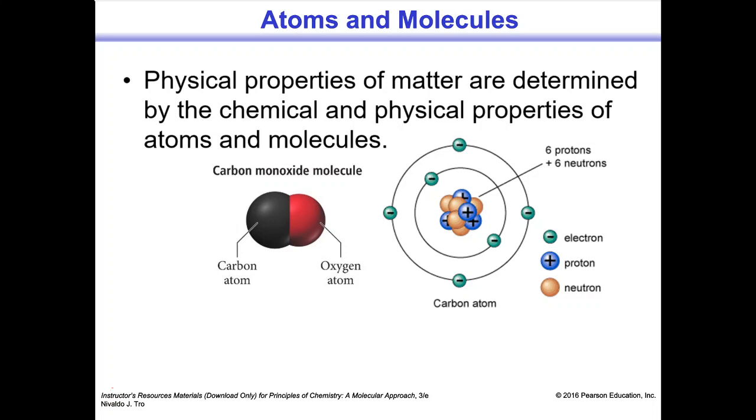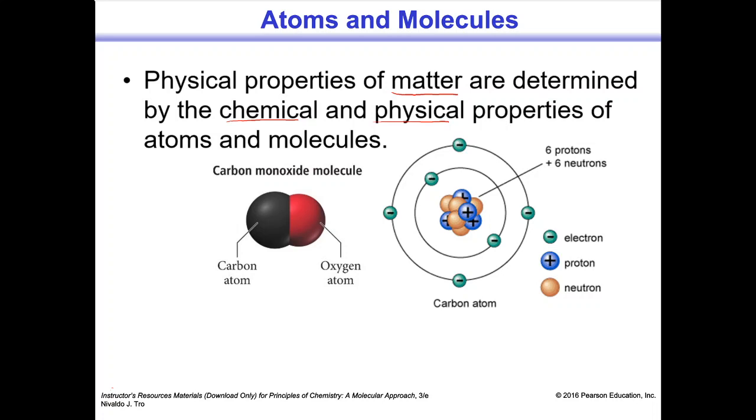What we're saying here is that matter is something you can hold, something you know of or can feel, something that exists, whether it be water, your table, or a chair. The properties of that matter are determined by the chemical and the physical properties of the atoms and molecules that make up that matter.